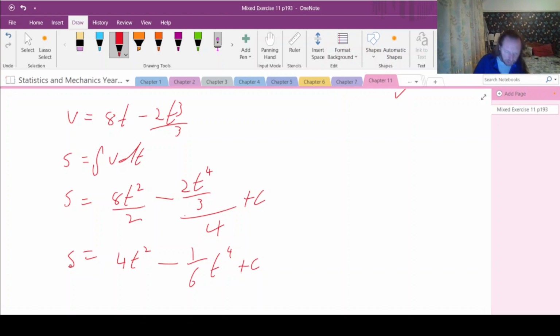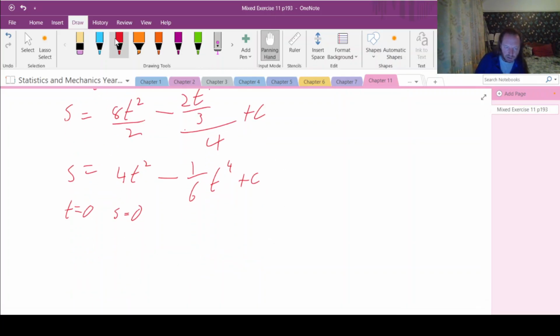We were told it starts at rest at point O, so t equals 0 when s is equal to 0 at the starting point, and therefore c is equal to 0. So now we want to know what happens when t equals 2, after 2 seconds.